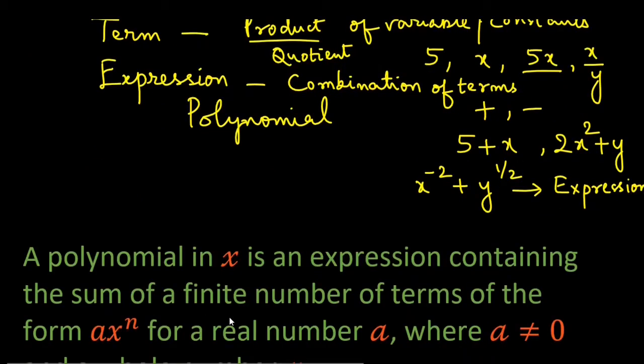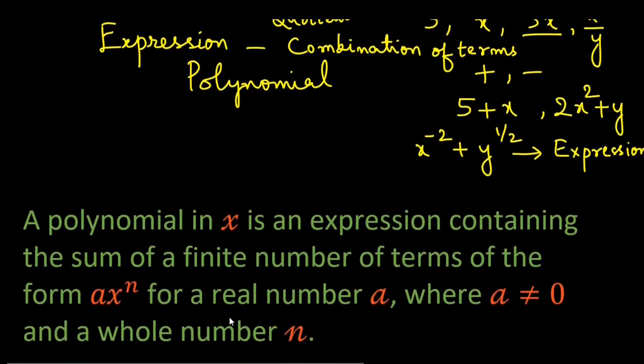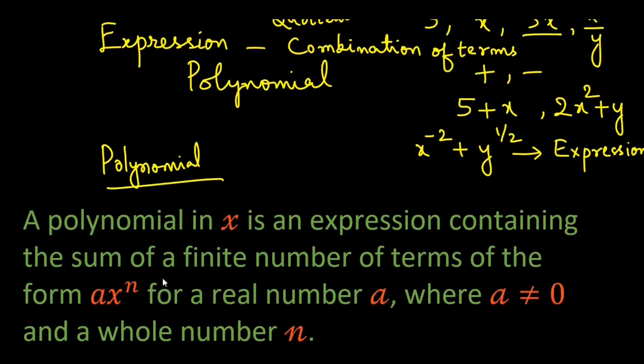Now let us see what is a polynomial. A polynomial is a special type of expression. A polynomial in x is an expression containing the sum of a finite number of terms of the form ax power n, for a real number a, where a is not equal to 0 and n is a whole number.